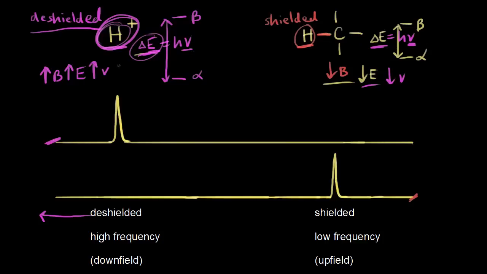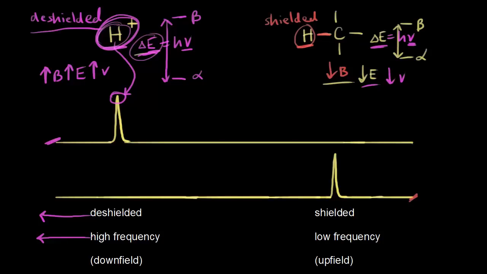And so as we go to the left, we're talking about an increasingly deshielded proton, and this signal that appears on your NMR right here is the signal for this deshielded proton. We're talking about a high frequency signal. So moving to the left on an NMR spectrum, we're talking about higher frequency signals.